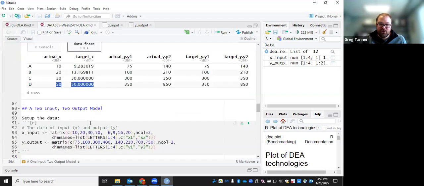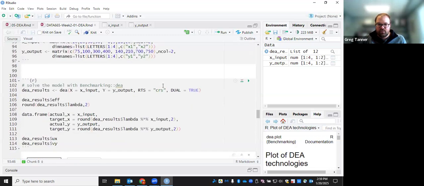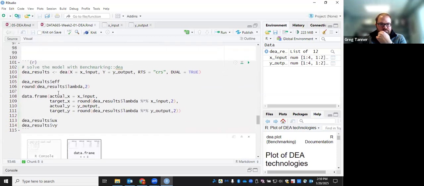Let's look at a two input, two output model. So now there's 8 entries for each of those, and both of them are set up to have 2 columns for the input and 2 columns for the output. Okay, running the code looks pretty similar to before, and so I'll run this again.